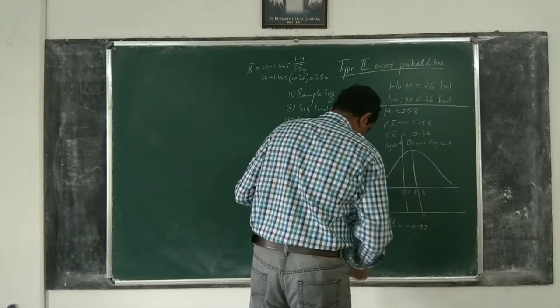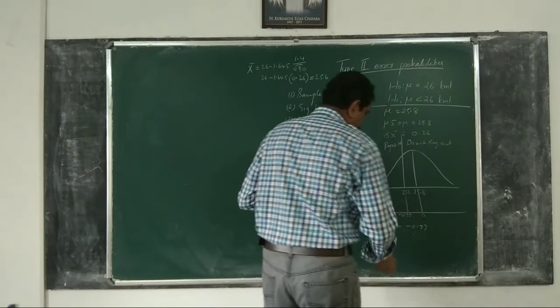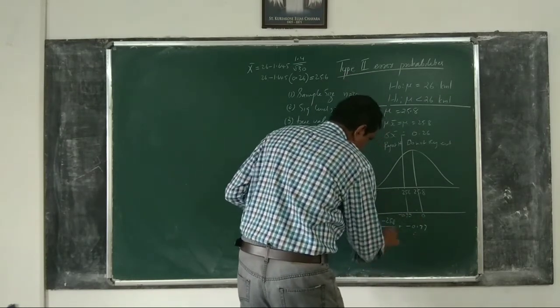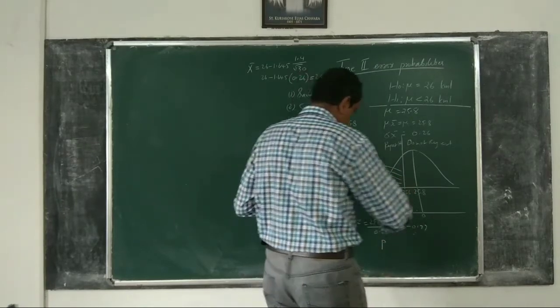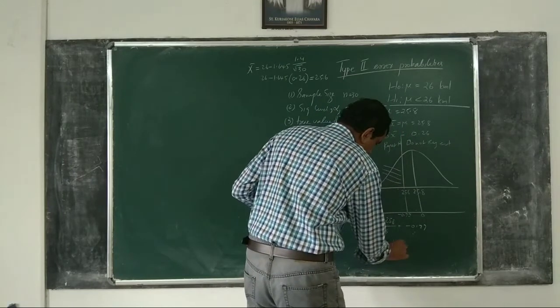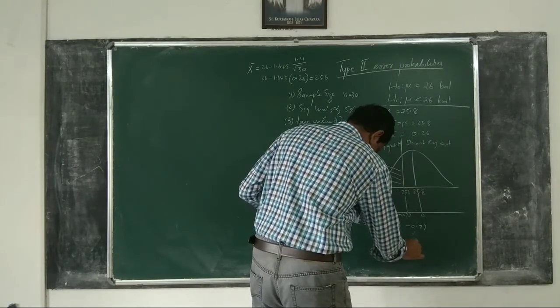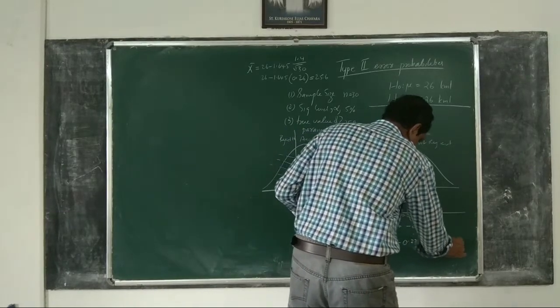This is minus 0.77. And the probability of Z on the shaded area is 1 minus 0.2206 is equal to 0.7794.